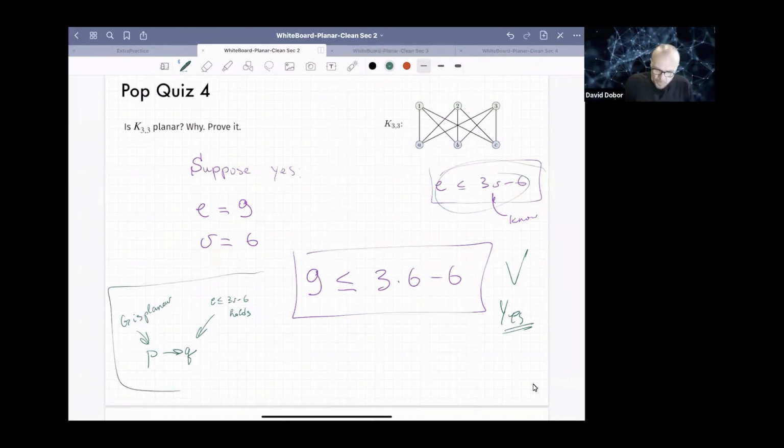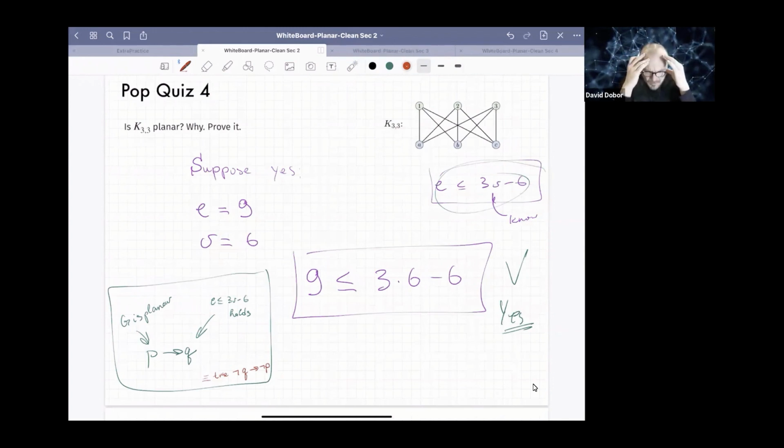We did not prove that if G is not planar, then this does not hold. The contrapositive, which is equivalent, is true: if Q does not hold, then not Q implies not P. That is true. I'm not arguing with that. I'm just saying if not P, then not Q, we didn't prove.